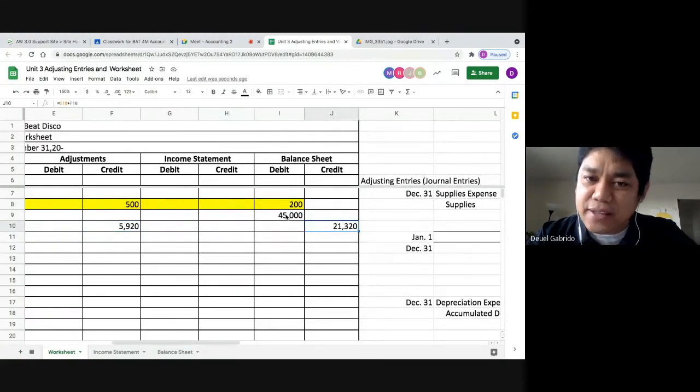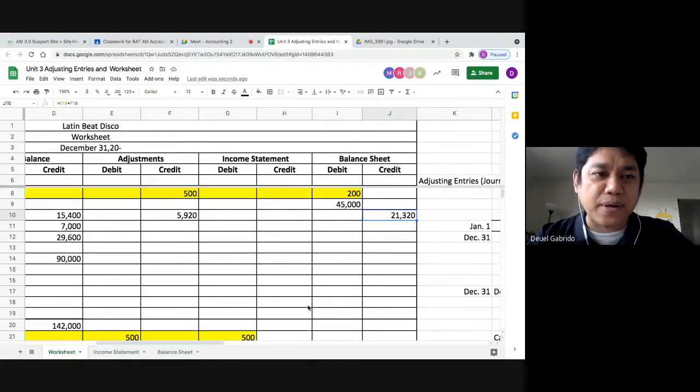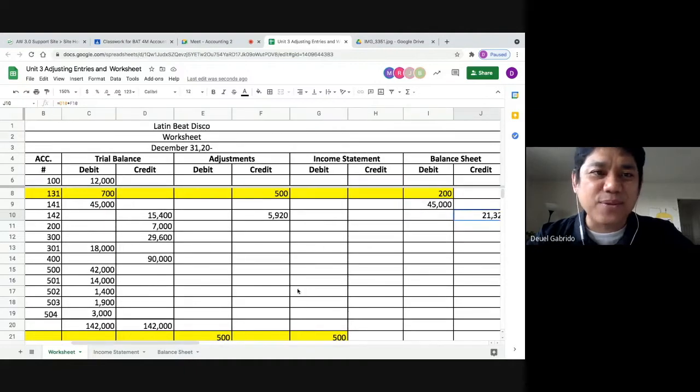When we calculate 45,000 minus 21,320, the difference is the real value of the equipment after this year. Do you understand? Tell me if there is a question or a violent reaction. Don't react violently, okay?